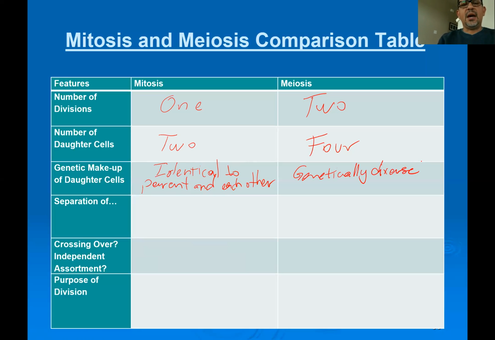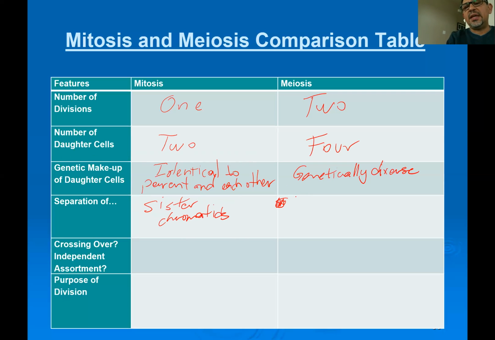What exactly is separated in mitosis during anaphase? In anaphase, sister chromatids are going to be separating. How about meiosis? Sister chromatids are not separated until meiosis 2. So let's begin with meiosis 1.